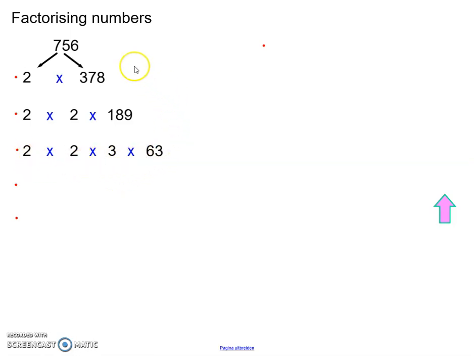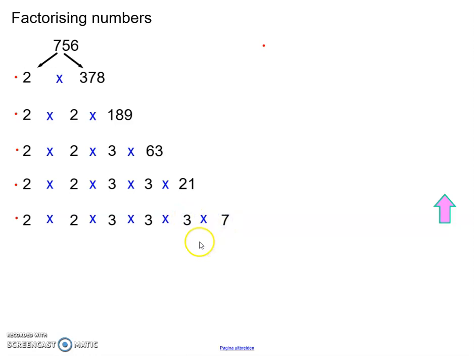Now I have written my original number in 4 factors. And I keep doing this until it's no longer possible. 63, I can also divide it by 3. 3 times 21. Now I do have 5 factors. In the last step, there's still one possibility. 21, I can also divide it by 3. 3 times 7.